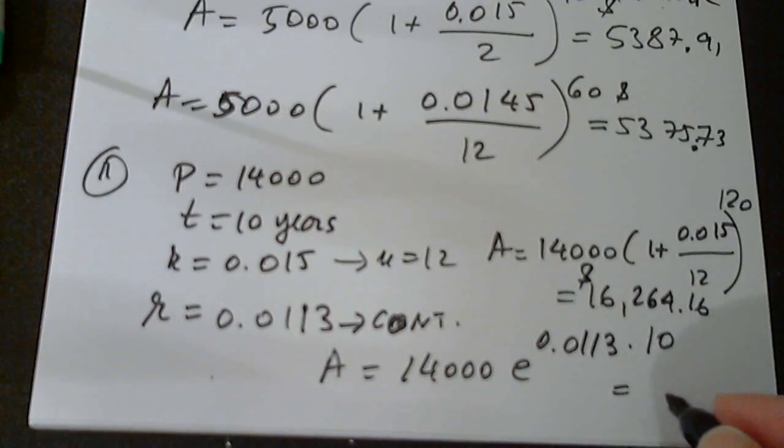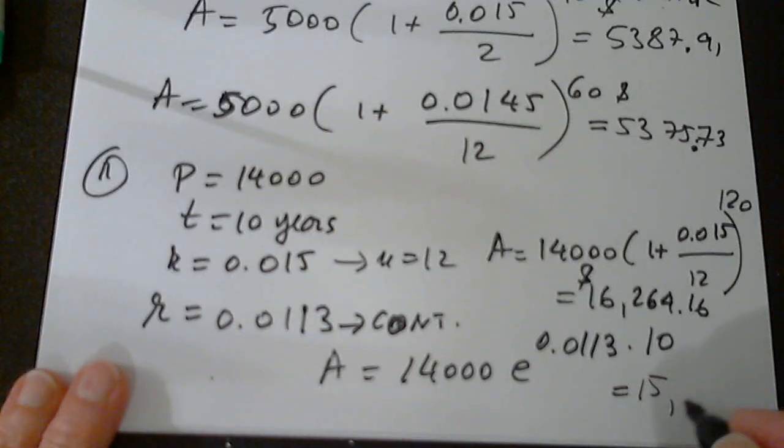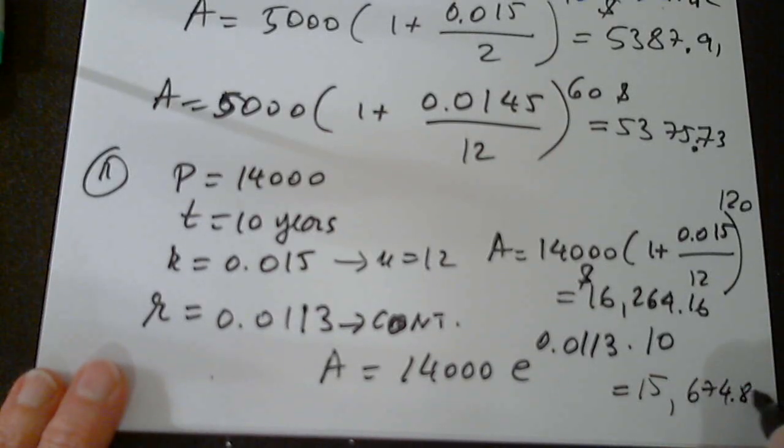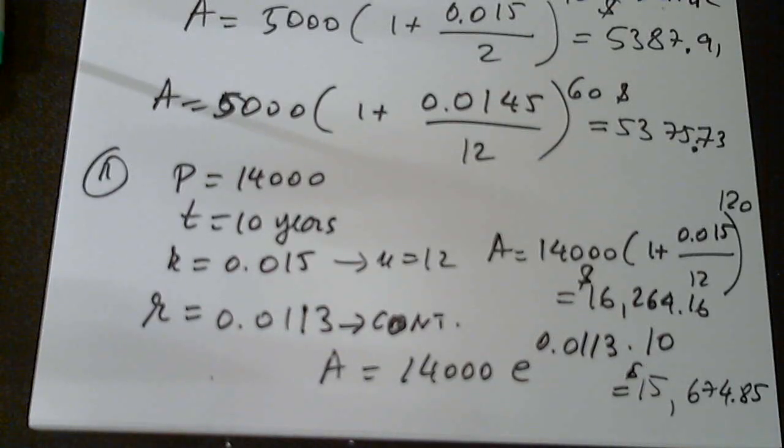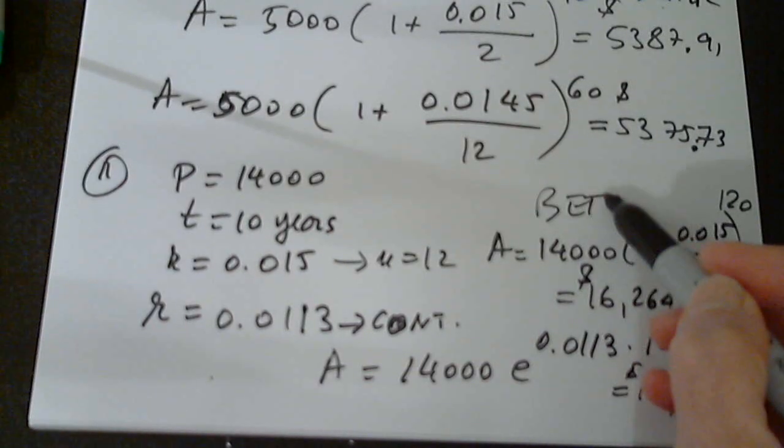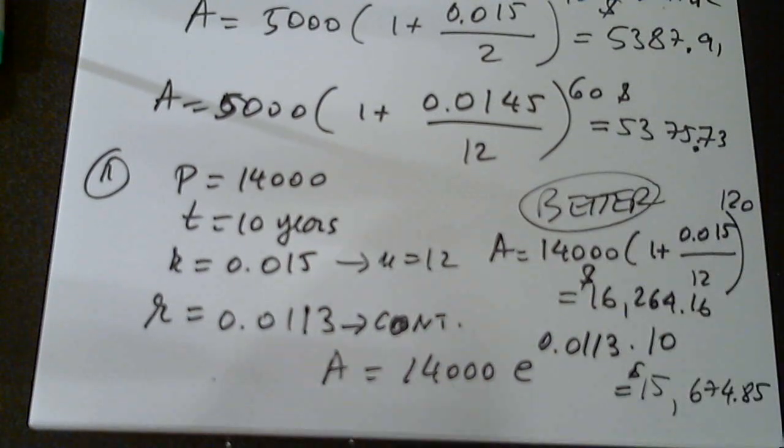So the second one is 15,674.85. Clearly, again, the first option is better for us than the second one. It gives us more money.